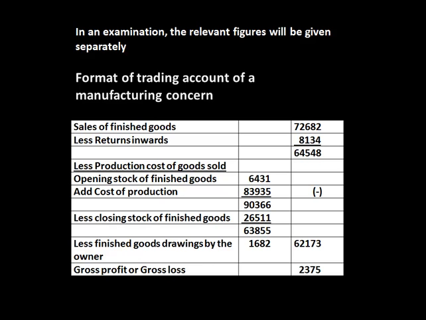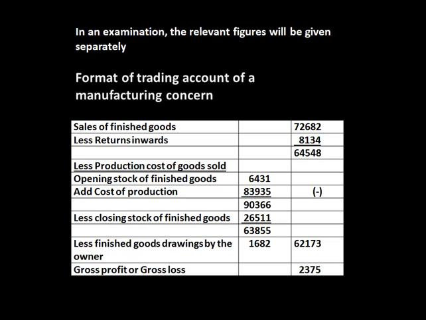So the owners might take away some of the items themselves, in a sense just book them out to their own name. Of course that constitutes a part of their drawings and they will pay tax on that, but it's come out of stock, so we need to account for it. So let's say the owners have taken away 1,682. So it gives us a net figure of 62,173.